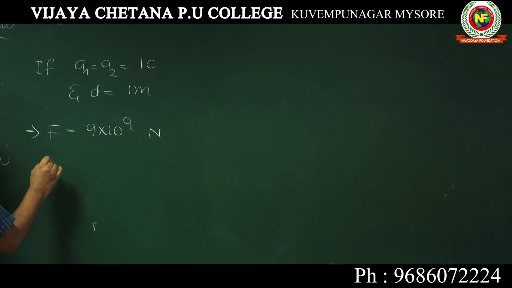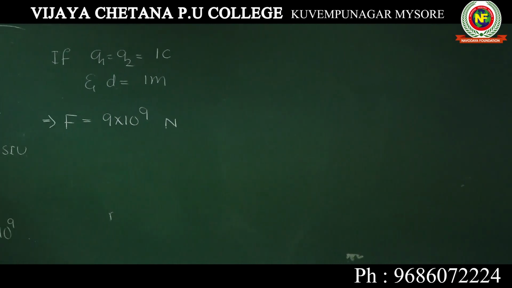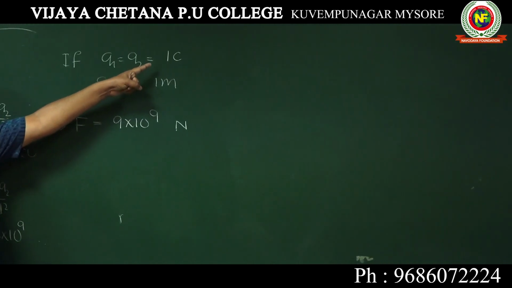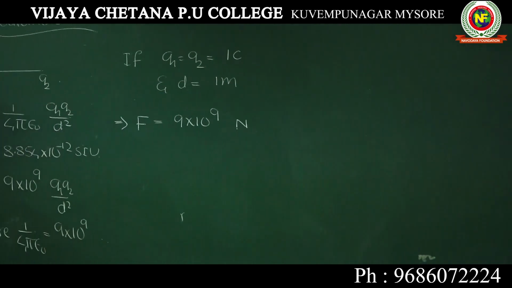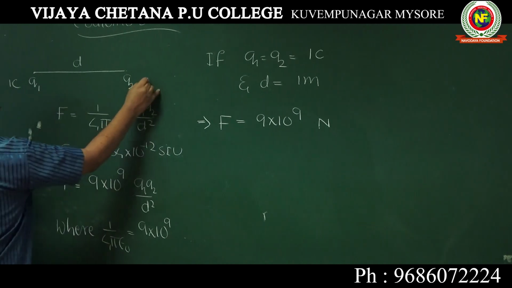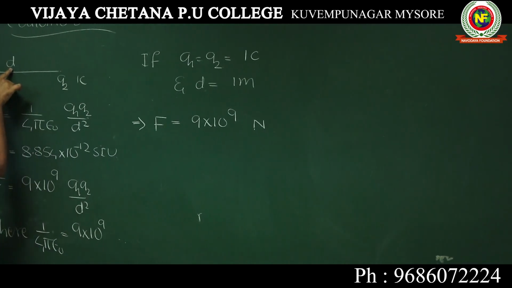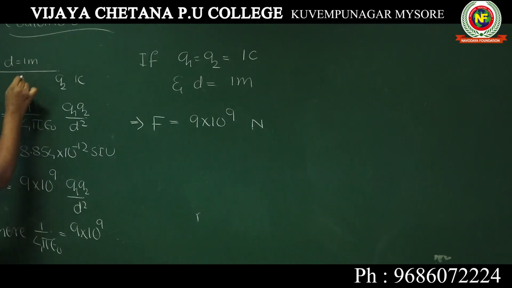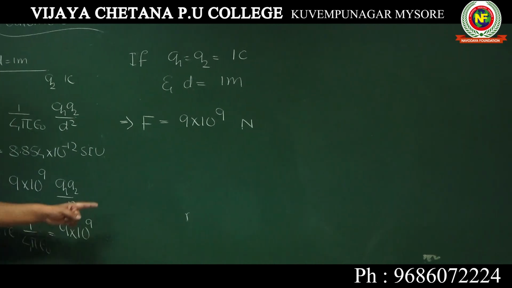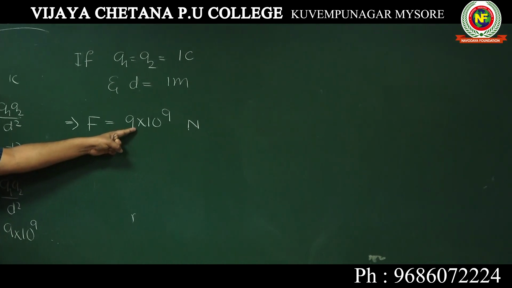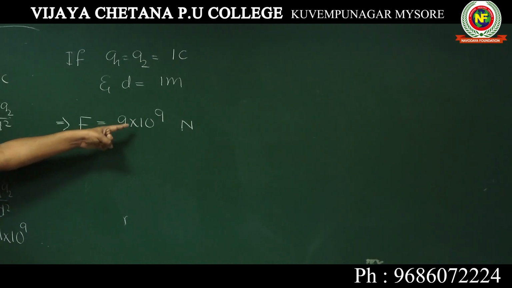Therefore 1 coulomb is that charge. Try to understand. 1 coulomb is that charge which, when separated by another identical charge in air or vacuum by a distance of 1 meter, exerts and experiences a repulsion of 9 into 10 to the power of 9 newton.